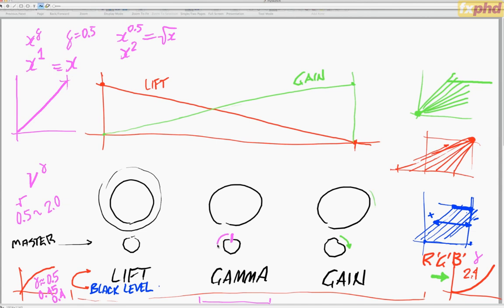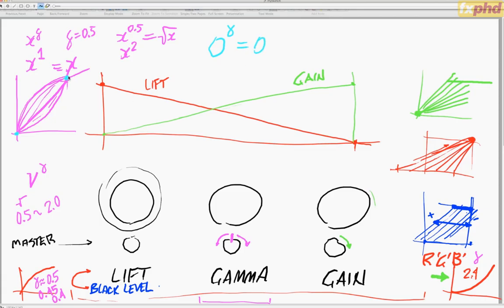Now, typically you'll go gamma less than 1, which is turning that curve potentially into a square root, something like that. And maximum gamma 2.0 will turn it into a square. So that's the sort of variation you get on the gamma control. Now look what's happening here. Gamma is doing nothing to 0, and that's because 0 to any power is just 0.